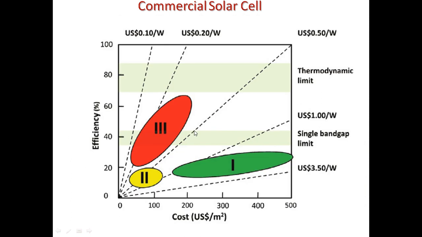Let's look at how these have been differentiated in terms of cost and efficiency in this plot. You can see here, the first generation solar cell was mainly very costly. The efficiency is good enough to be utilized, but the cost factor is still very high, and people are still reluctant to use solar panels based on this first generation silicon solar cell.